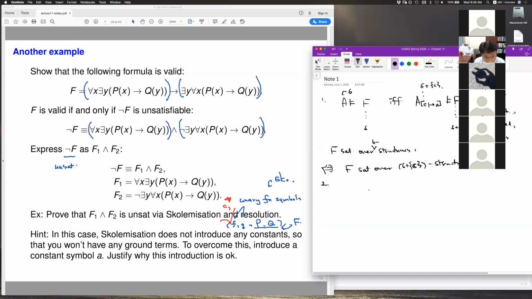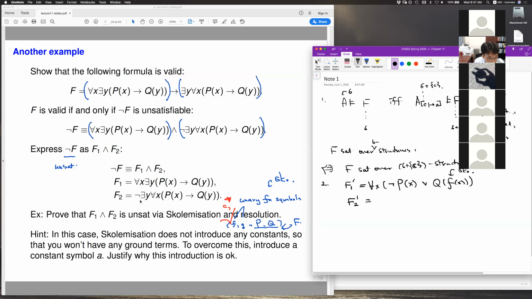And we have F1 and F2. Formula F1, if we Skolemize, we end up with F1 prime. The F1 prime says, for all x, I will change this implication into a disjunction. So then we have negation of P of x, or Q of f of x. This f was coming from Skolemization. And then we also have F2 prime.